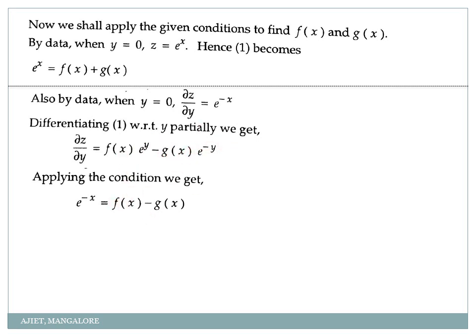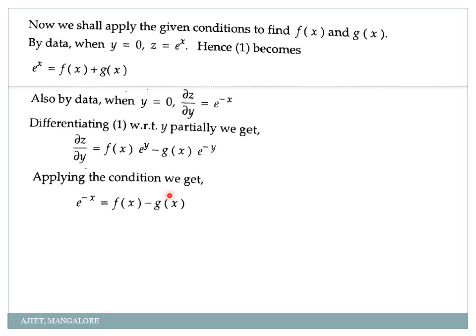So what are the two equations I got to find the two constants? The first equation is e^x = f(x) + g(x), and my second equation is e^(−x) = f(x) − g(x), correct? Now using these two equations, how will you find the constants?